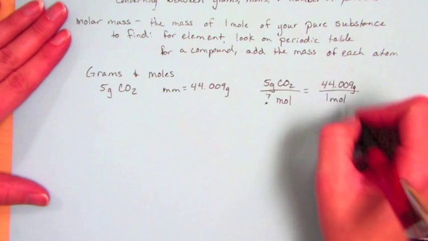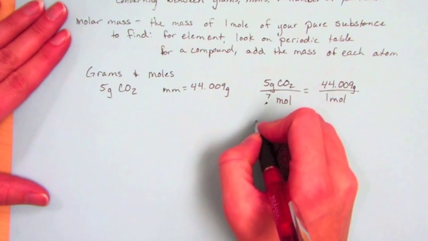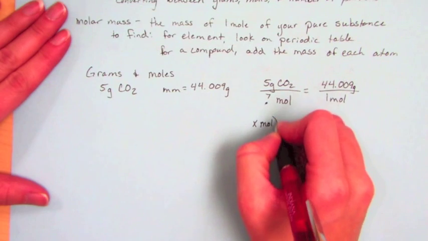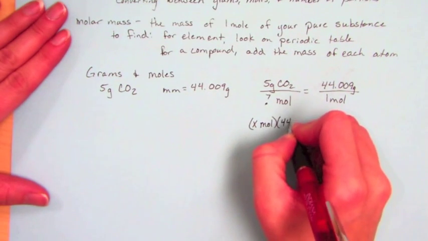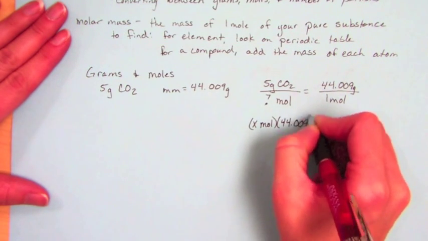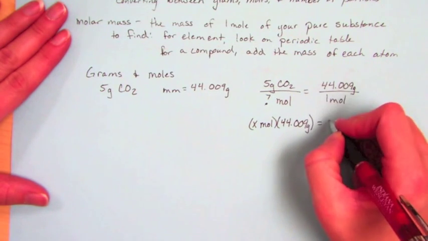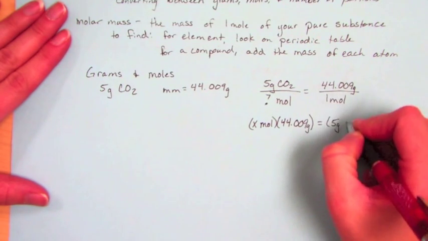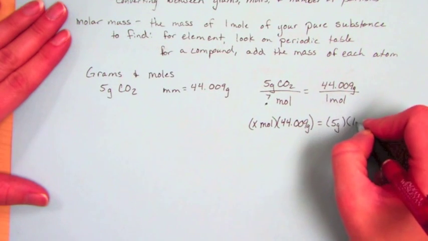We do our cross multiplying and we have x moles times 44.009 grams equals 5 grams and 1 mole.